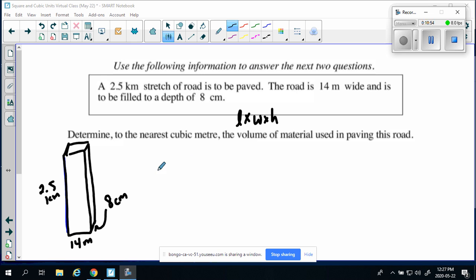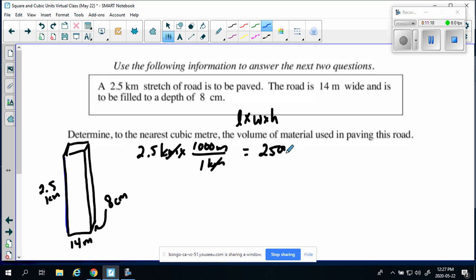Okay, so students pointed out that you can't just multiply them together because they're different units, and that's going to get you in trouble. So the consensus was let's convert them. You can convert them all into kilometers or all into centimeters, all into meters, but most students said let's convert them all into meters. So we're going to convert 2.5 kilometers, and 1 kilometer is 1,000 meters. So that's 2,500 meters.